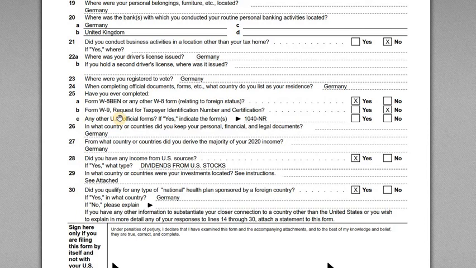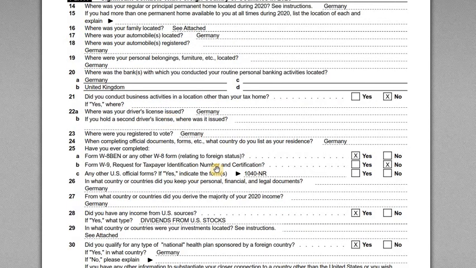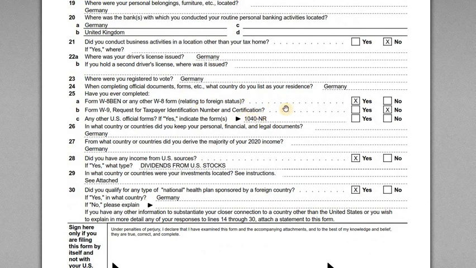So have you ever completed Form W-8 BEN, or any other version of Form W-8, or have you ever done Form W-9? Have you ever filed any of these other forms? What they're asking here is trying to get at, are you still taking the position that you're a non-U.S. person, or did you trip over that U.S. tax residency rule, perhaps in a prior year, right?